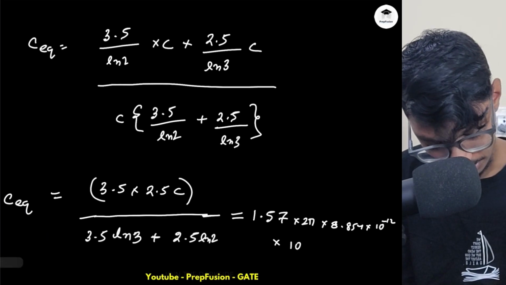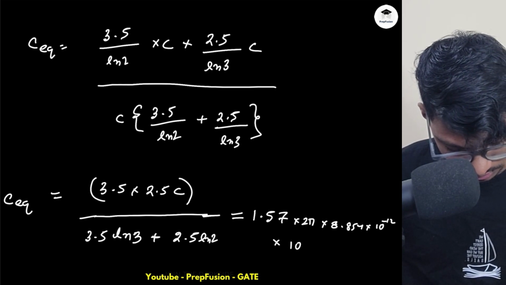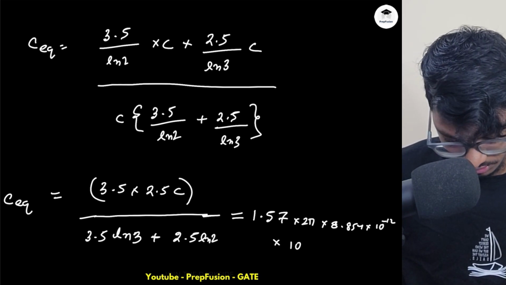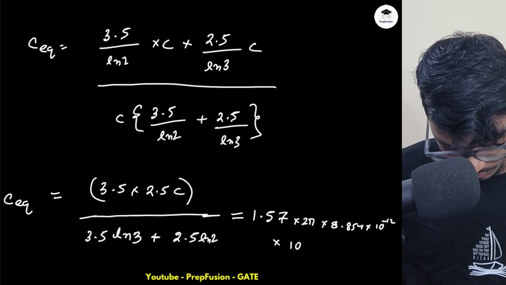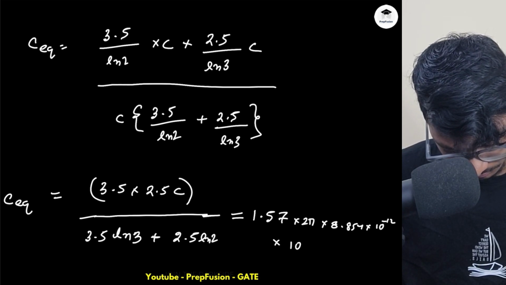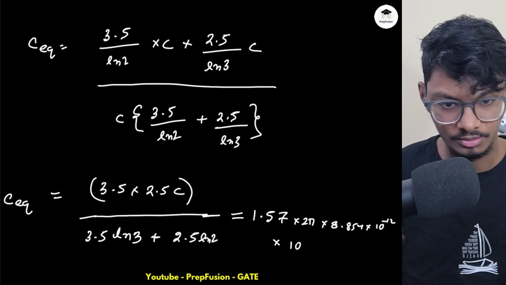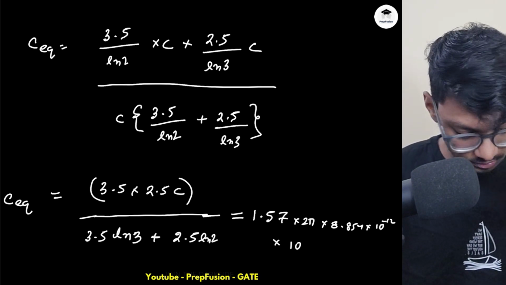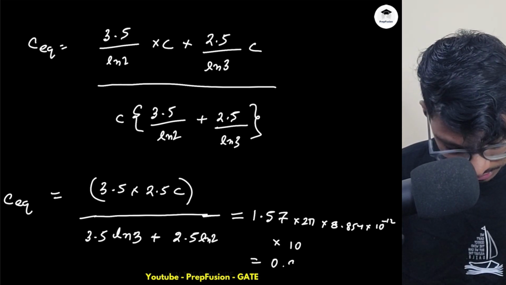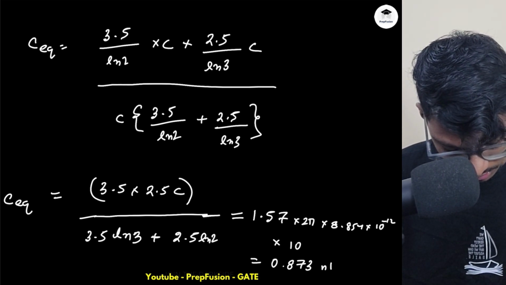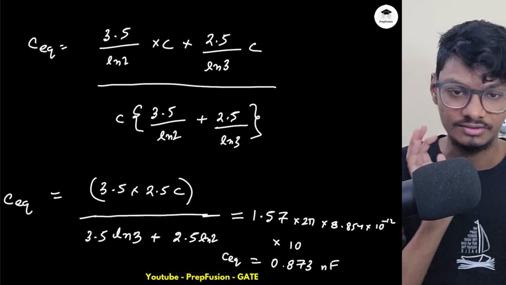So if I simplify this, 2 into pi into 8.854 into 10, yeah, this will come out to be a lot actually. So this will almost come out to be 0.873 nanofarad. Okay, this will be my C equivalent for case 1, when they are varying radially.